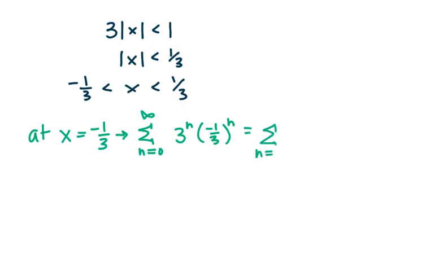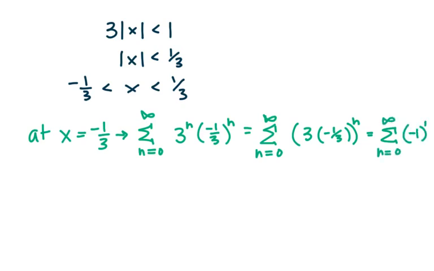And that sum would then be the same as writing 3 times negative 1/3 to the n, which is just going to be the sum from n equals 0 to infinity of negative 1 to the n. So this is a divergent alternating series. That's what we have there.